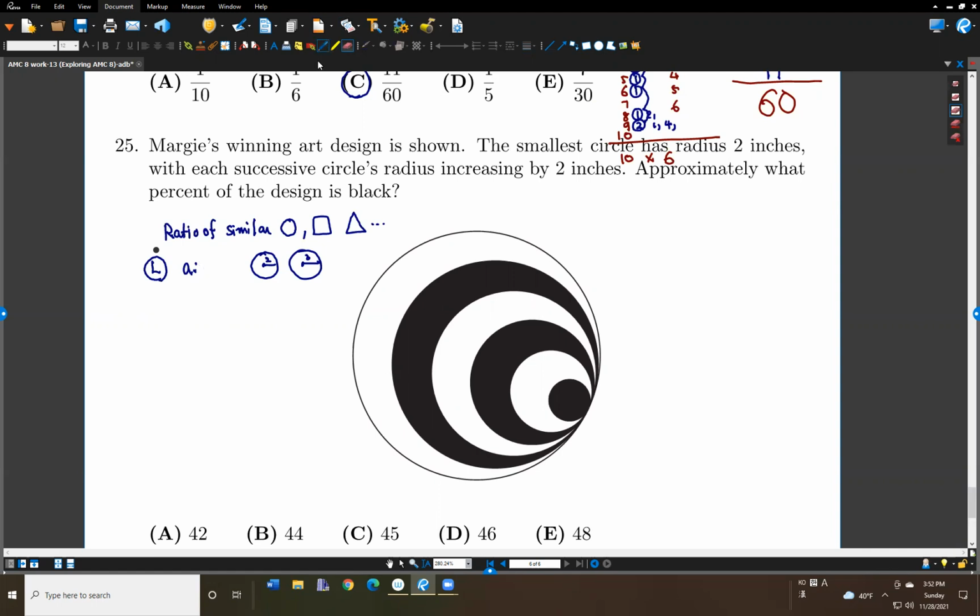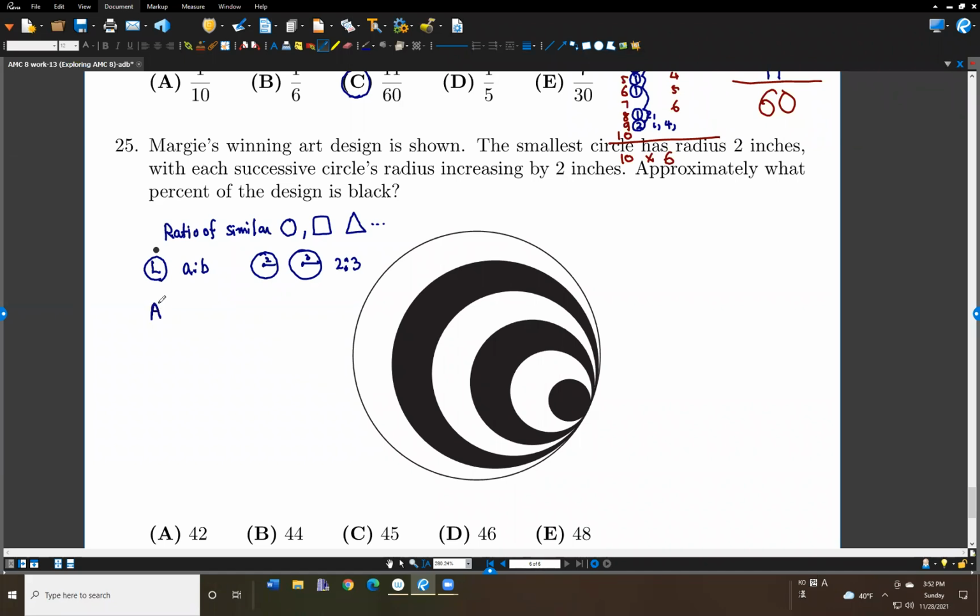This is B. Diameter is also 2 to 3. Circumference is also 2 to 3, right? Any corresponding length has the same ratio, 2 to 3.